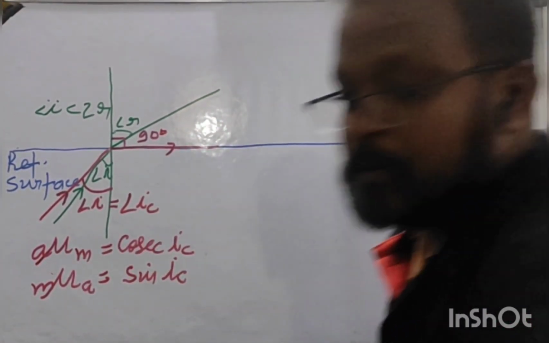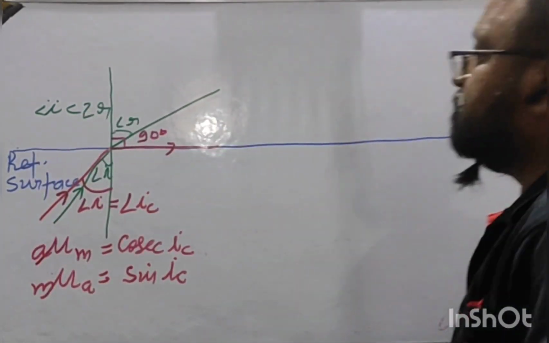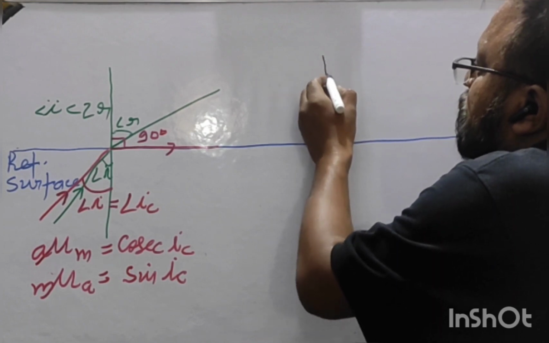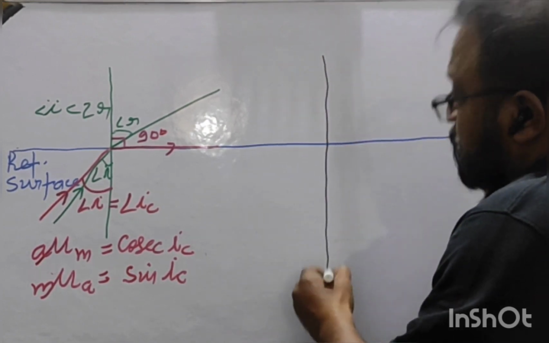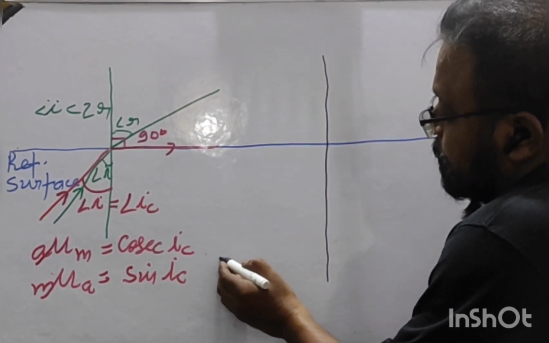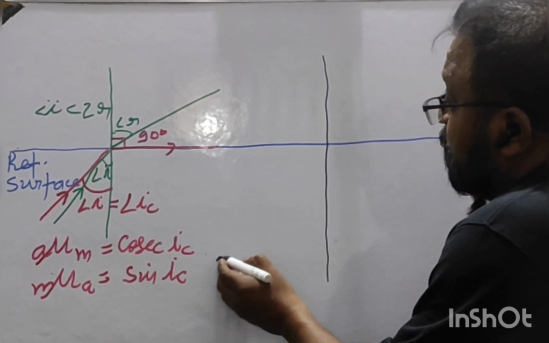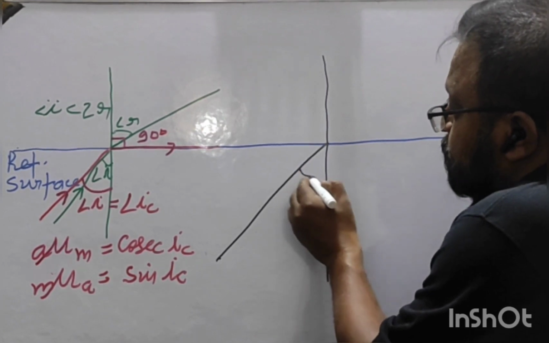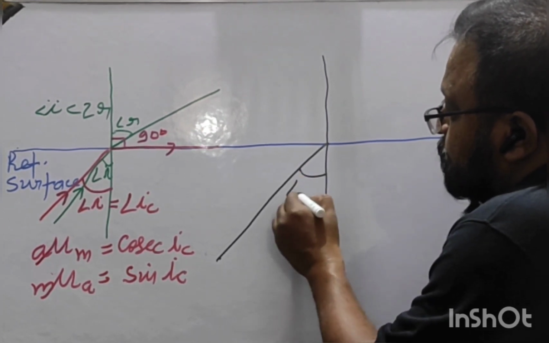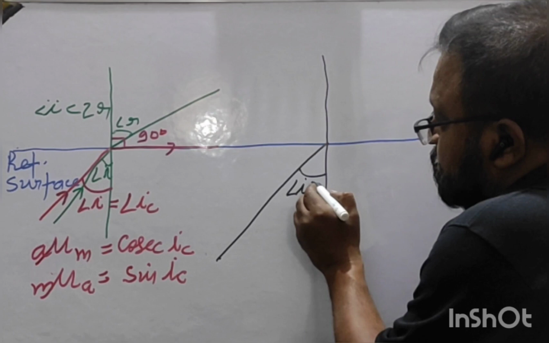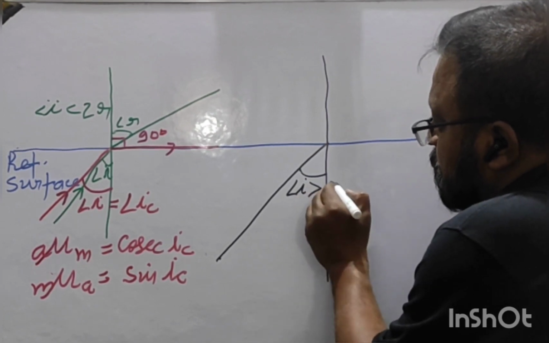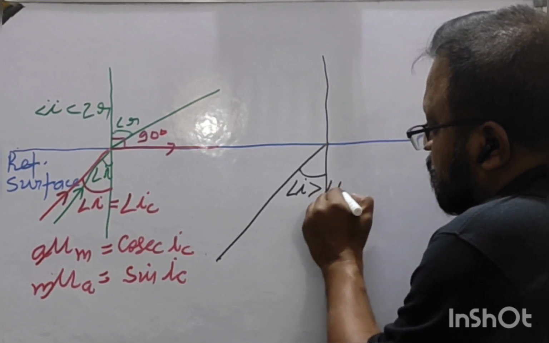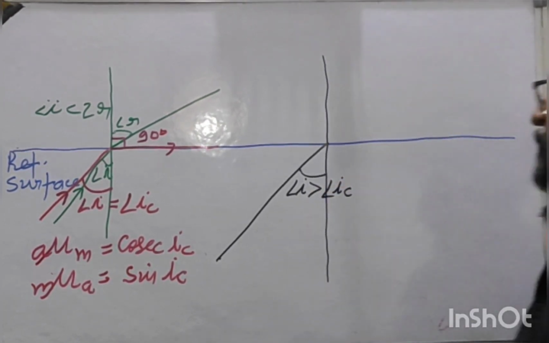Now, one more condition is coming. What happens? This is the normal, right? And this is when the angle of incidence is greater than the critical angle IC.